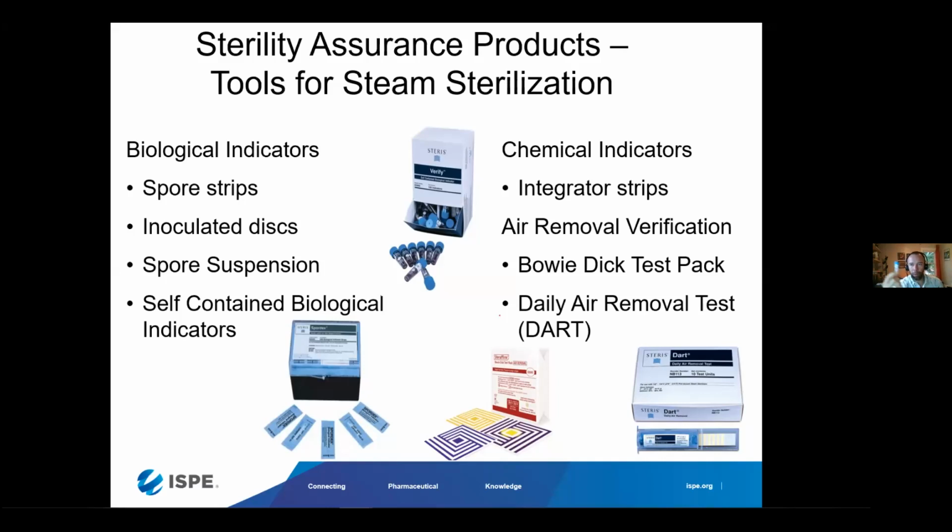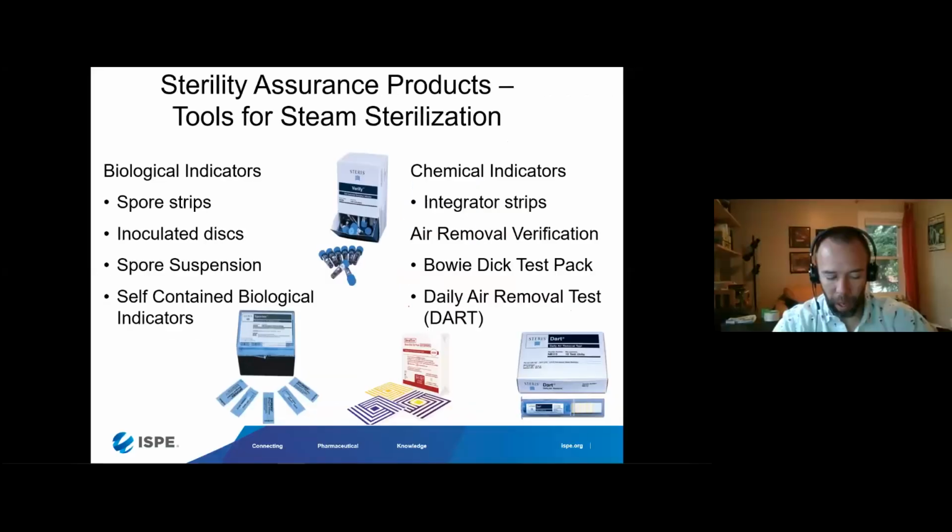You would remove this from the autoclave cycle, activate by pressing down, and the activation really is just releasing the media to come into contact with the biological indicator. Then this would be incubated on its own and checked for microbial growth. Hopefully the sterilization cycle worked and there's no microbial growth. That has a reduced incubation time of 24 hours, so you could have results ready after 24 hours.